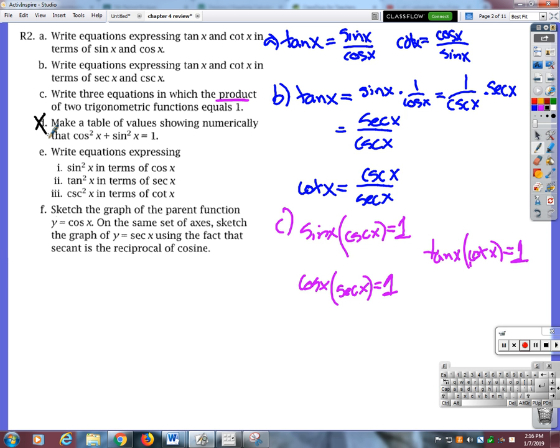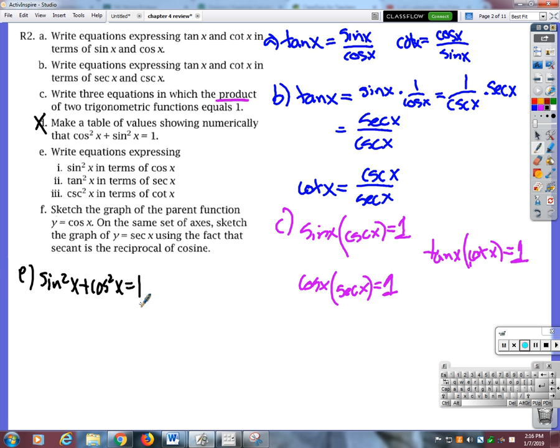All right, then for E, it says write equations expressing sine squared, tangent squared, and cosecant squared in terms of their friends. So we know that sine squared plus cosine squared equals 1.